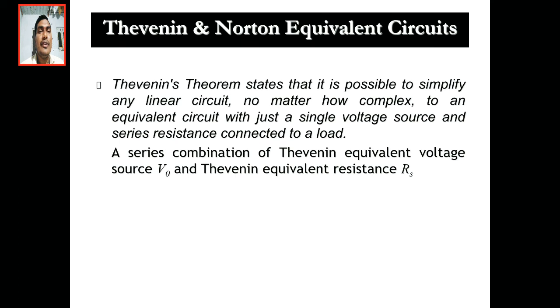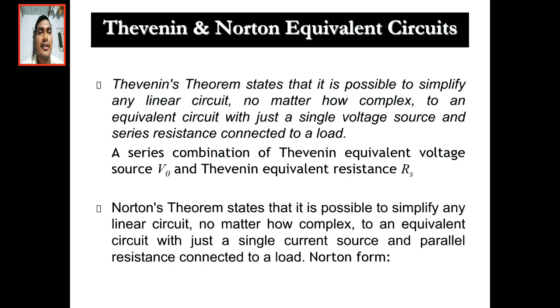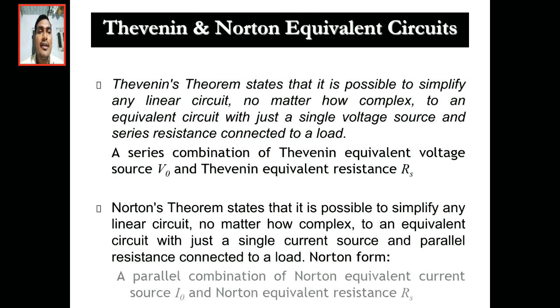So it is the series combination of Thevenin's voltage source V_th and Thevenin's equivalent resistance R_th. Norton's theorem states that it is possible to simplify any circuit into one equivalent circuit. It consists of one current source in parallel with a resistance, and the load is connected in parallel with this equivalent circuit.